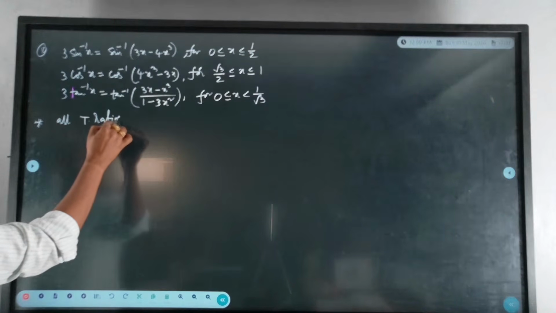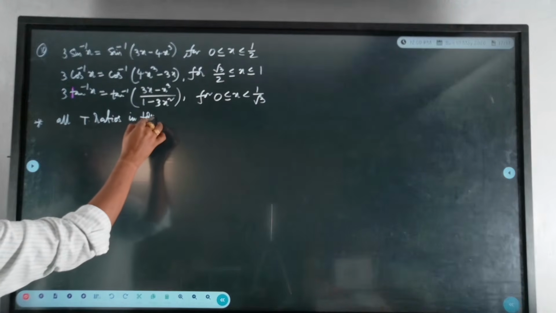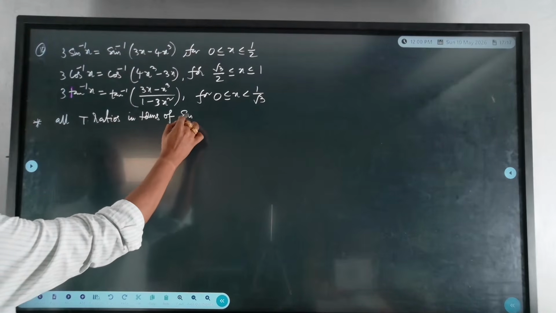All t ratios in terms of sine, can you tell?